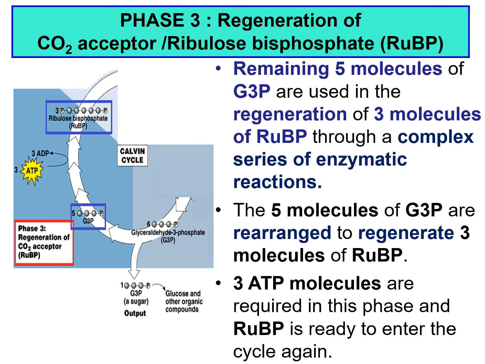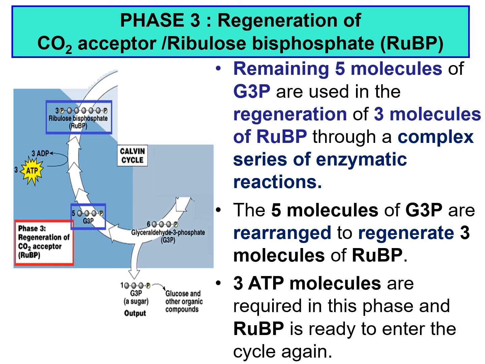So this is 15 carbon. Mathematically, how many RuBP can we produce from this? Divide by 5, we should get 3 RuBP back for the Calvin cycle. Okay? So the 5 molecules of G3P are rearranged to regenerate 3 molecules of RuBP.